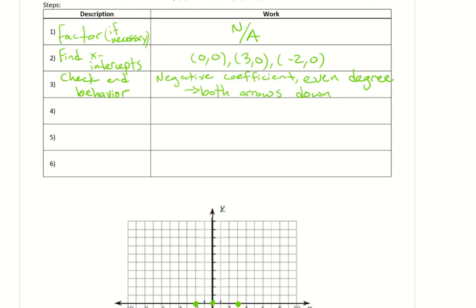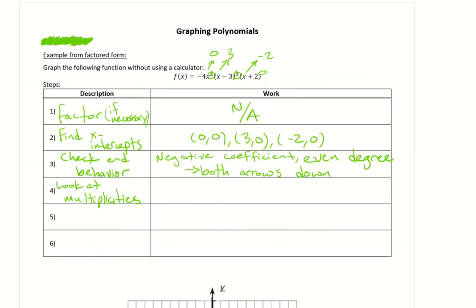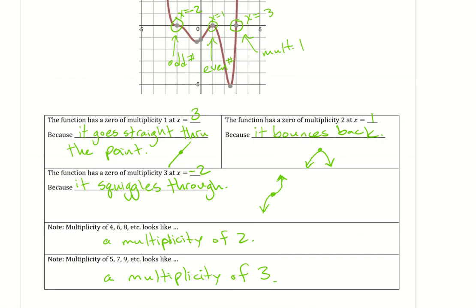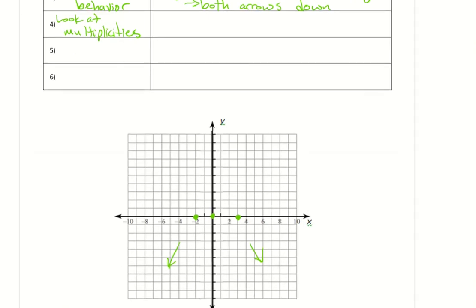Next step is to look at the multiplicities at each point. For the first point where x equals -2, the multiplicity is 1, because there's no exponent or anything. If it's a multiplicity of 1, we can look back at our multiplicities. Remember, multiplicity of 1 goes straight through. So this one's going to be a line straight through.